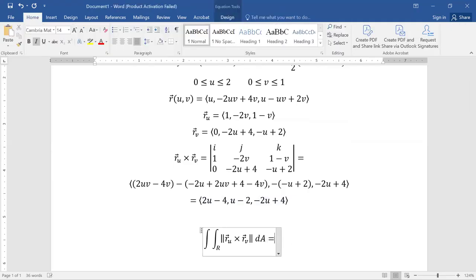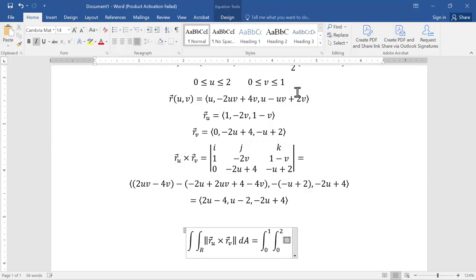Now, in order to find surface area, I'm going to do the magnitude of that cross product with a double integration over the region in the UV plane. So we're going to integrate, I'll go v from 0 to 1. So my outside integration is the v. And my inside integration will be the u. So I'll go from 0 to 2 on that.